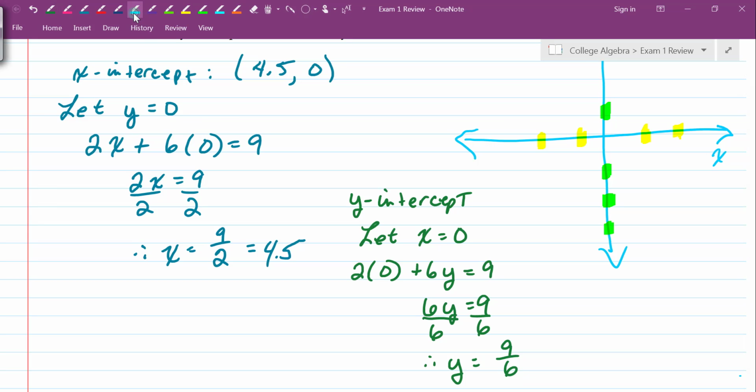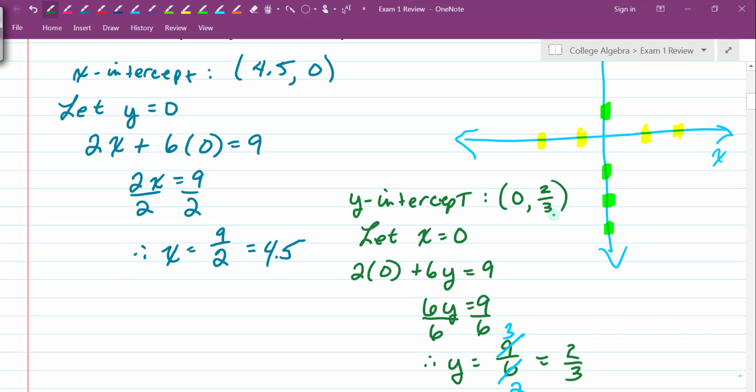Let's identify what factor. 9 is 3 times 3, correct? And then 6 is 2 times 3. So I can remove a 3 from both of those. So I'll have 3 left and then a 2 right there. So that gives me 2/3.